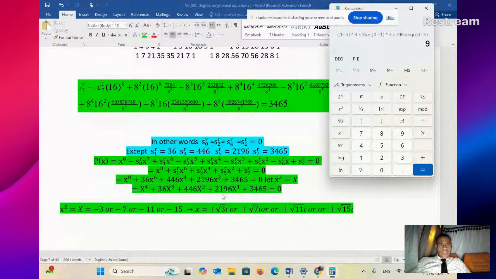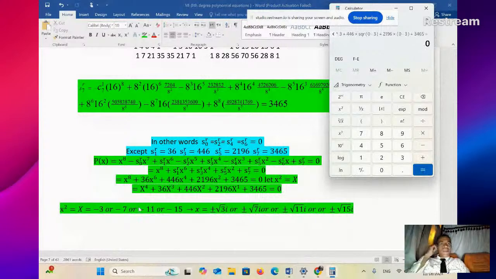Plus 2196 times, in parentheses, the negative number, which is negative 3. Plus 3465. So this one is going to be in fact equal to 0.